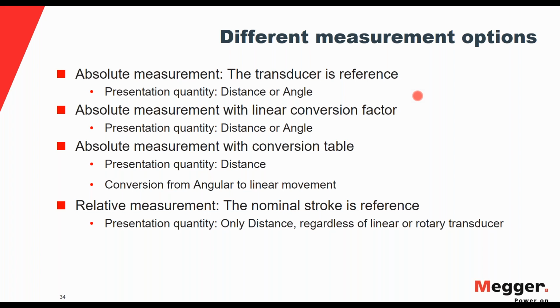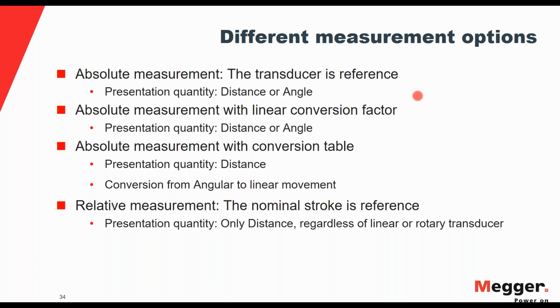Or the easiest and simplest way is to just take a relative measurement. You define a nominal stroke, you know how much the full stroke is, and you say the beginning and the end of my stroke is just a relative value. But this relative measurement does not really give you the actual stroke value, since you are not doing any absolute measurement.